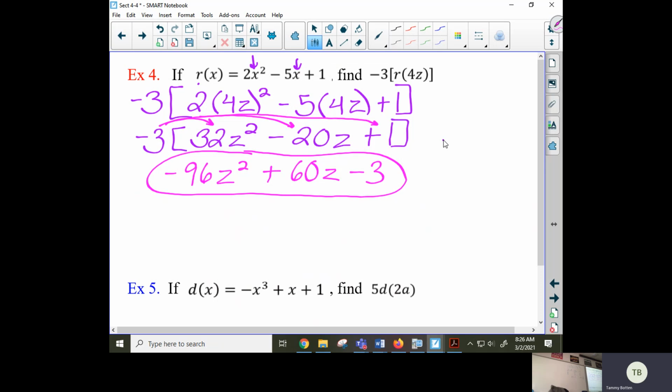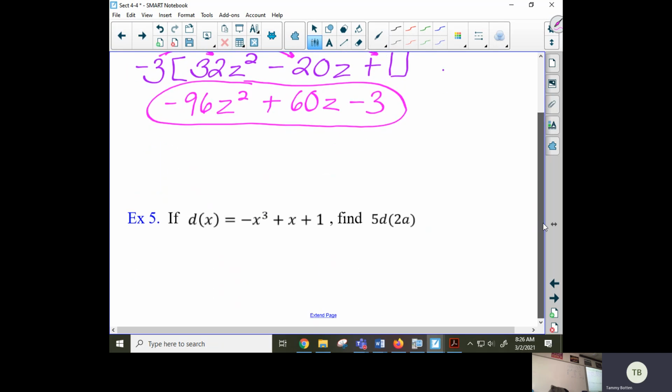Okay. All right, so now if we go down to this next one, we are going to put negative 2a in everywhere we see an x, and then we're going to multiply the whole thing by 5. So we have this 5 out there with the bracket. Now this one's a little confusing.